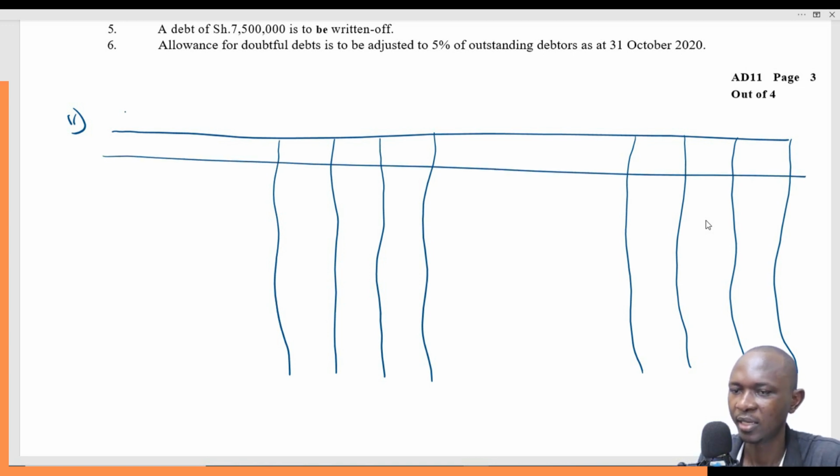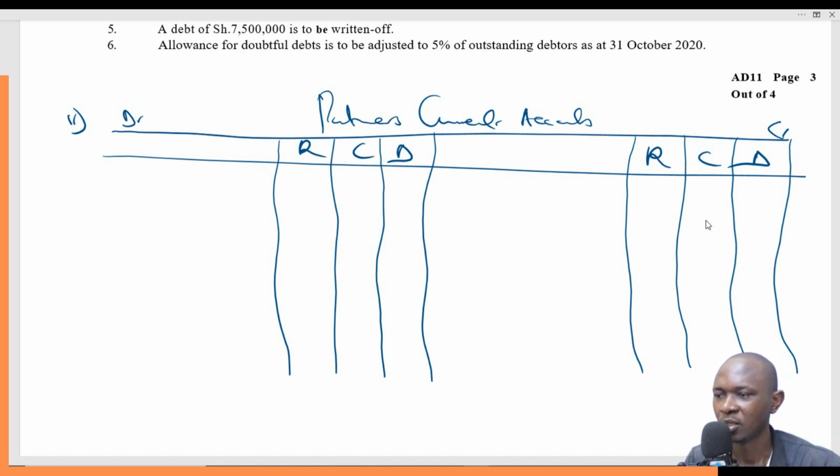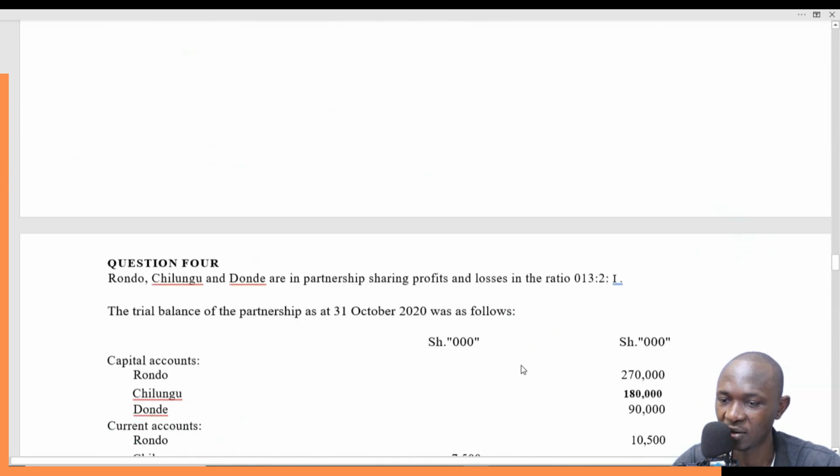So this is the debit side, this is the credit side, and then you call this partners' current accounts. So you have partner R, partner C, and partner D. Of course, here we have the details. We'll start with the balance brought forward for these partners, and we are talking about current accounts.